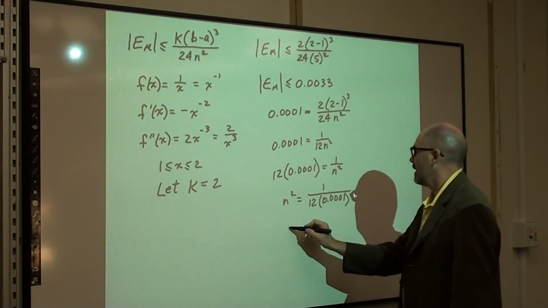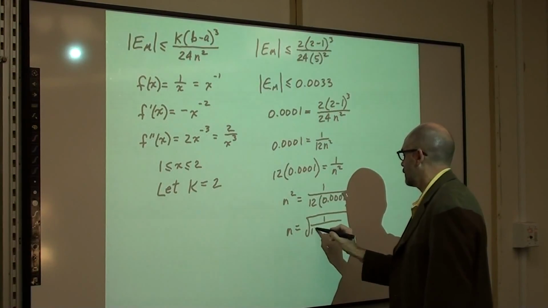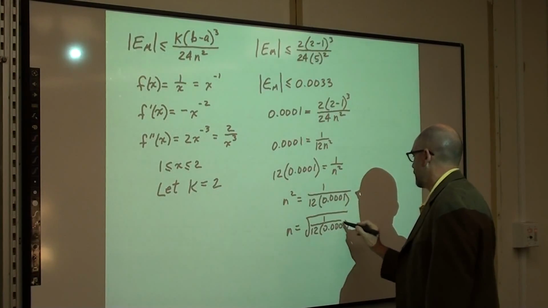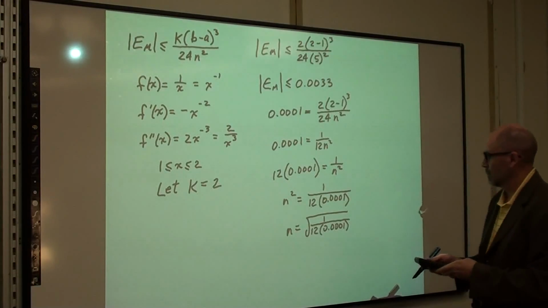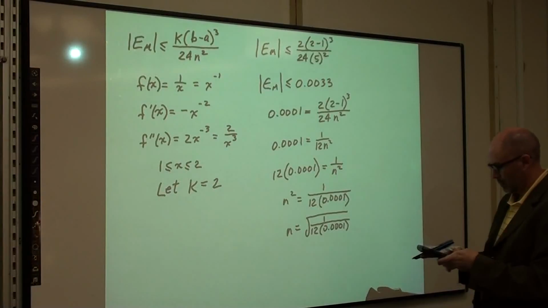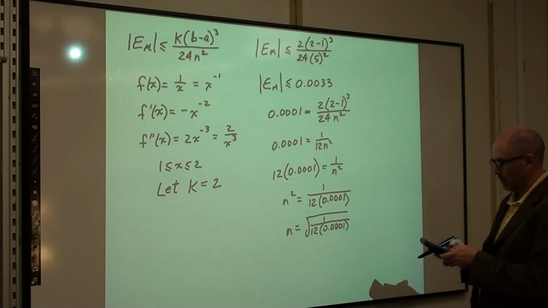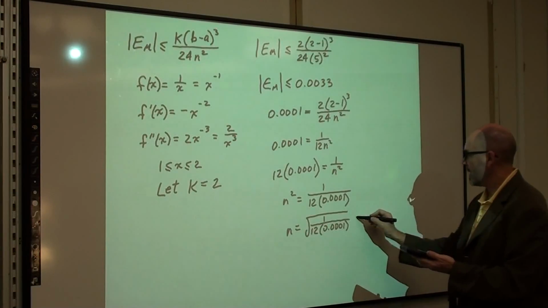And so n equals the square root of 1 over 12 times 0.0001. Okay, so n should equal 129.099.